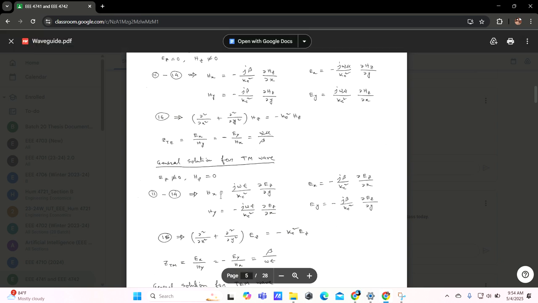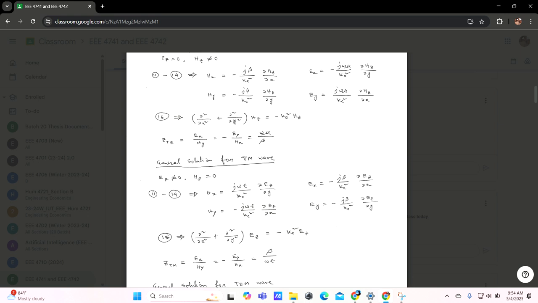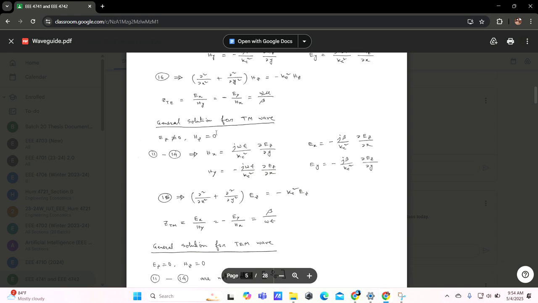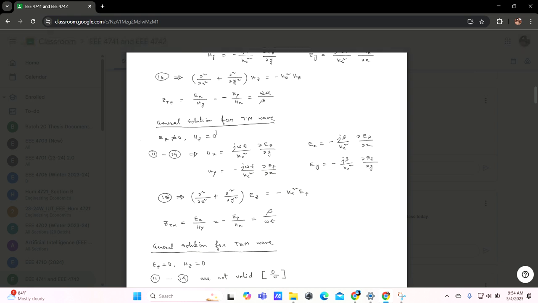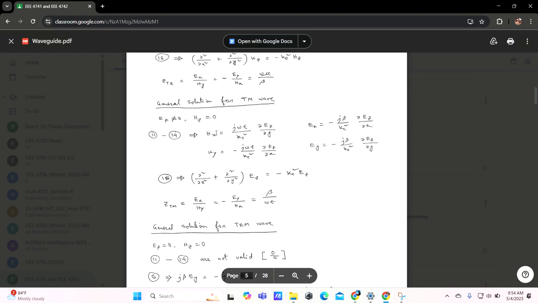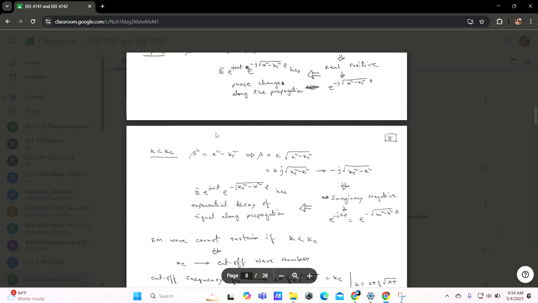We use these basic equations for transverse magnetic and transverse electric, and mainly we put the values kx, ky, kc in them, and then we get our desired results.